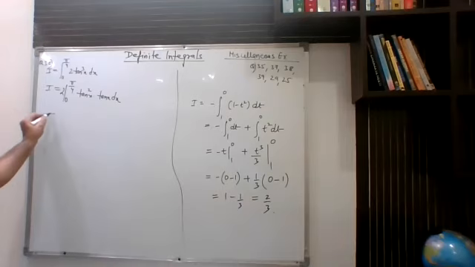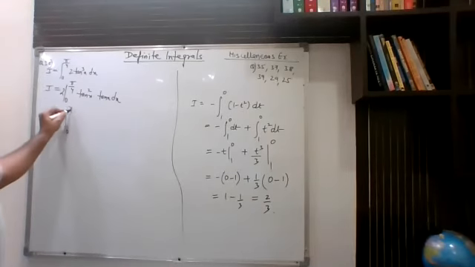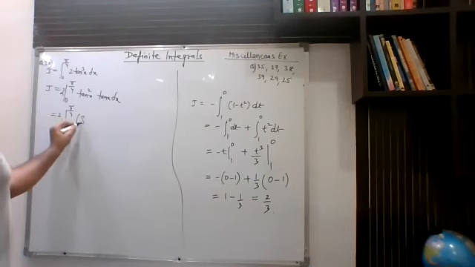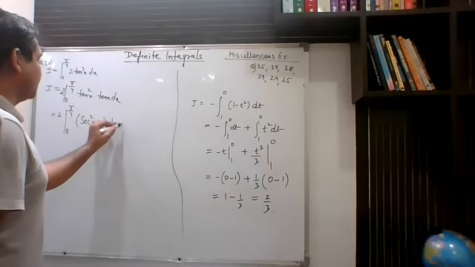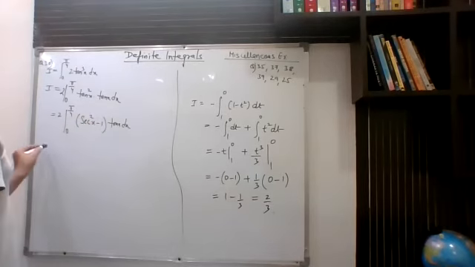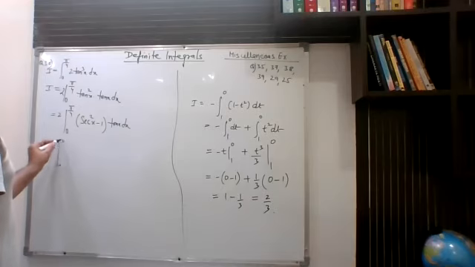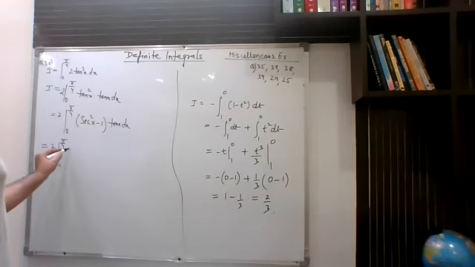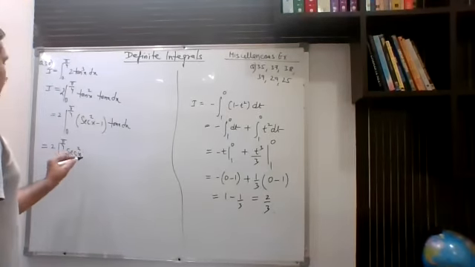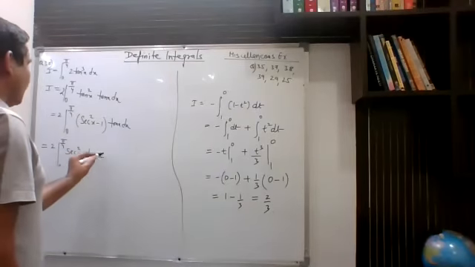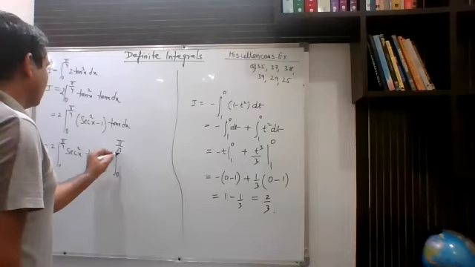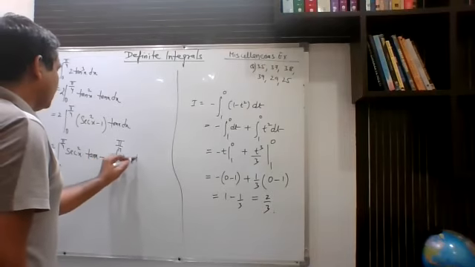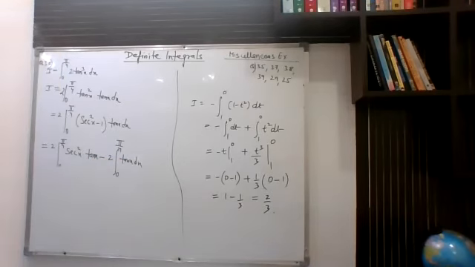Now you know that tan square x can be written as sec square x minus 1, into tan x dx. Let us split this integral into two parts: the integral from 0 to 45 of sec square x dx into tan x, minus the integral of tan x dx. This is how we can write it.